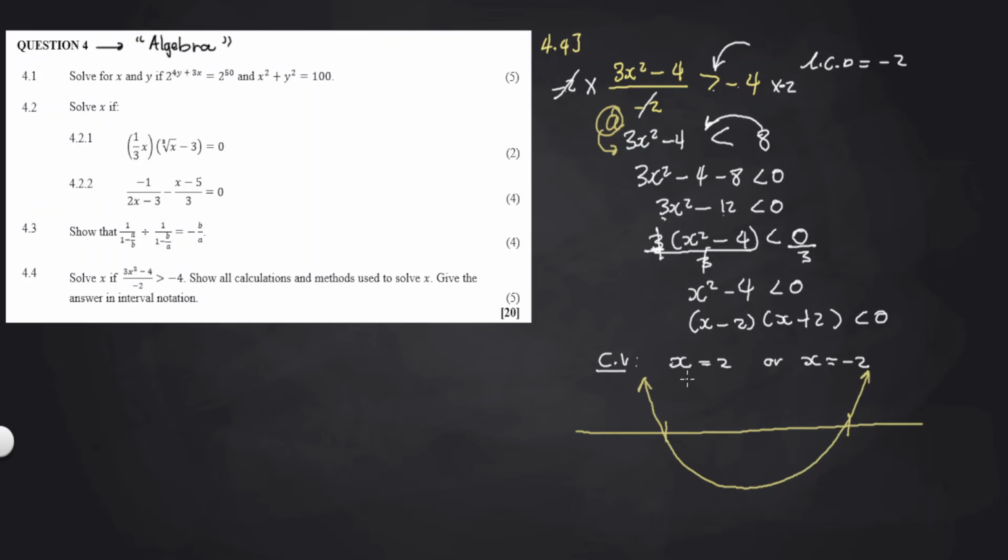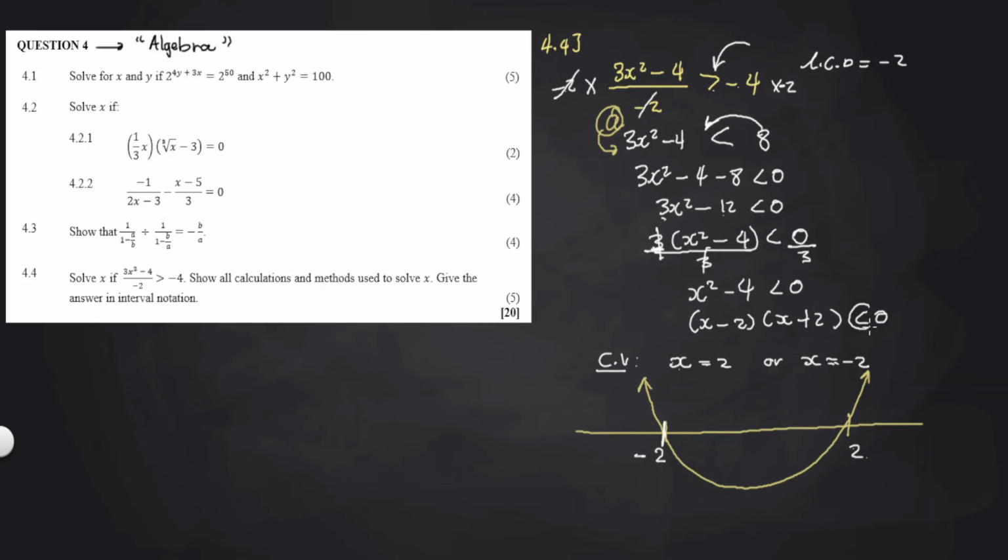Now, x equal to 2 is this. We start with the negative value, or the smallest value, which is negative 2 in this case. Then another bigger one, which is 2.